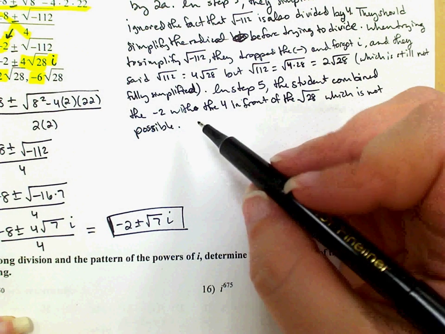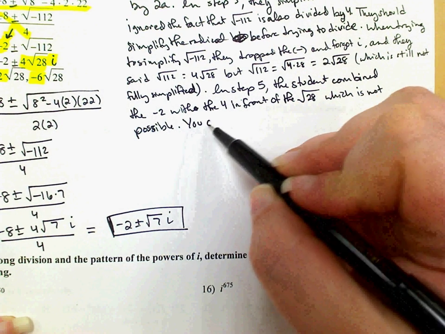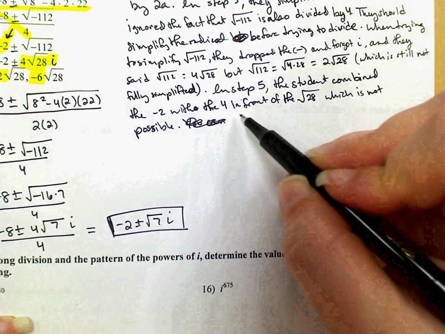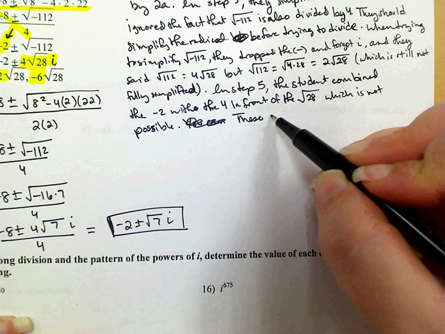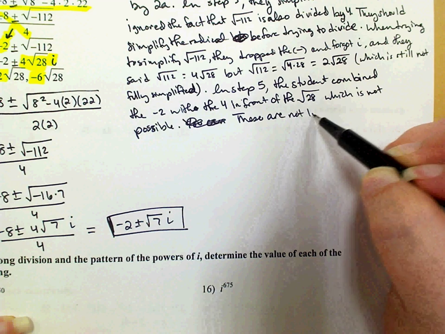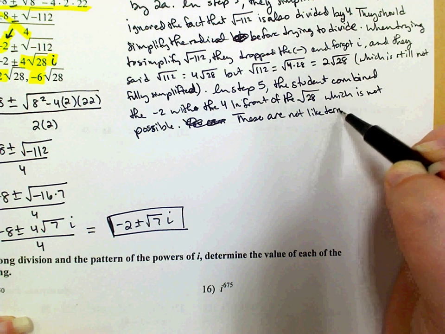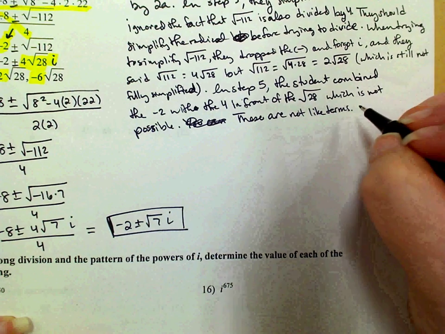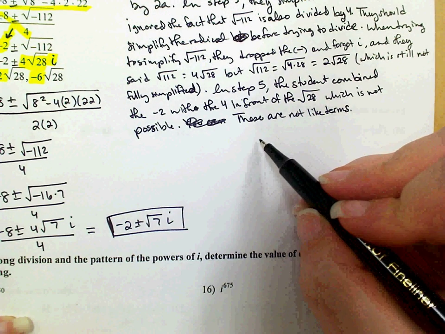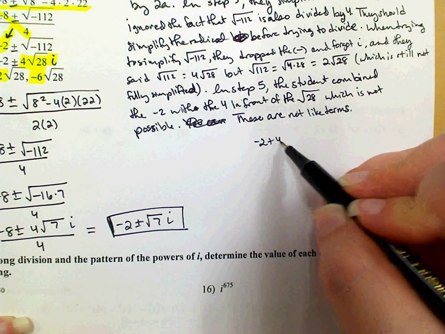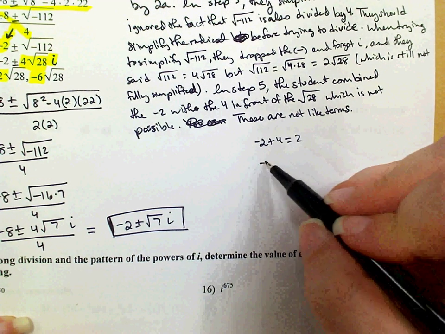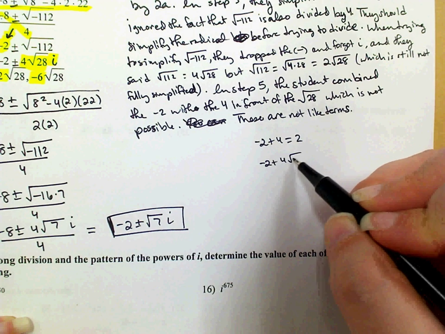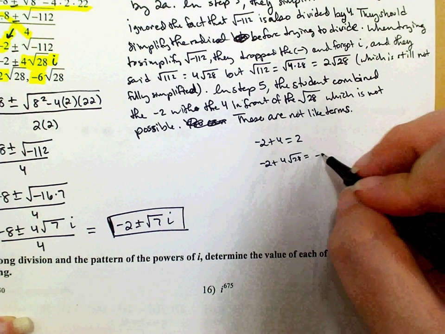I would say these are not like terms. Now, if you're unsure of how to explain that, you can say something like, negative 2 plus 4 is fine too. But negative 2 plus 4 square roots of 28 is just negative 2 plus 4 square roots of 28.